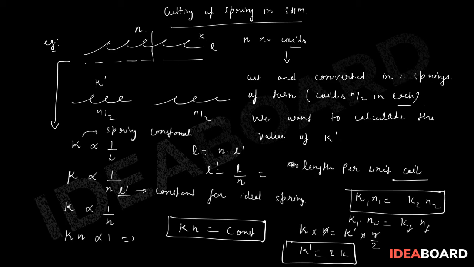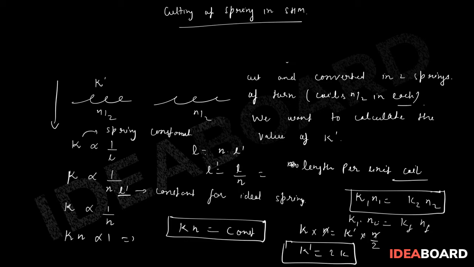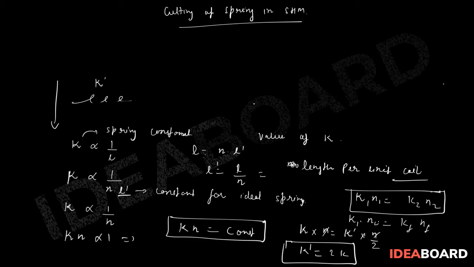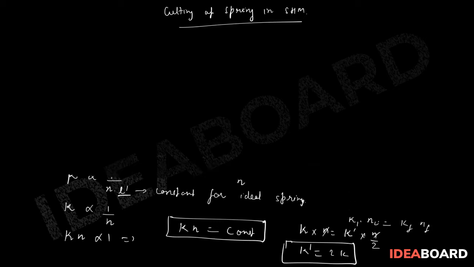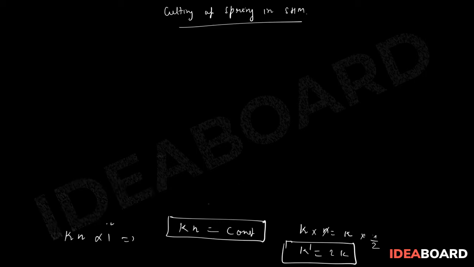Now there can be one further example in this question. Suppose that initially this spring was having time period, let's say T, then can we calculate the time period T dash when after cutting, these two springs are connected in parallel, and in series? So yes, this question can be asked further.